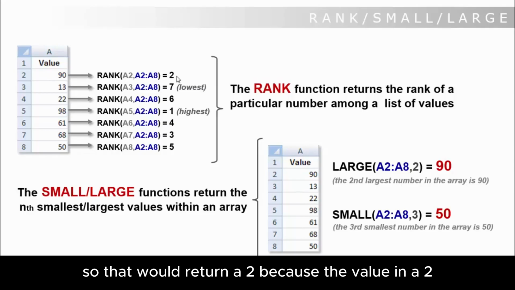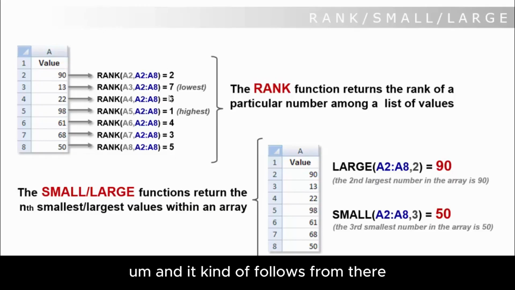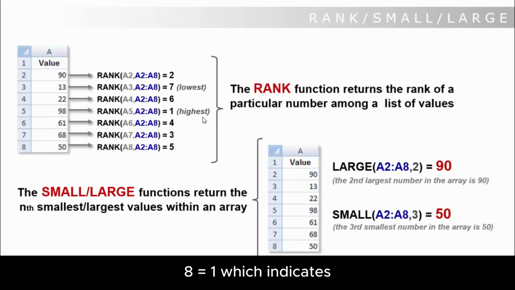That would return 2 because the value in A2, which is 90, is the second highest value in that array. And it kind of follows from there. You'll note that rank of A5 within A2 through A8 equals 1, which indicates that it's the highest value in the array.